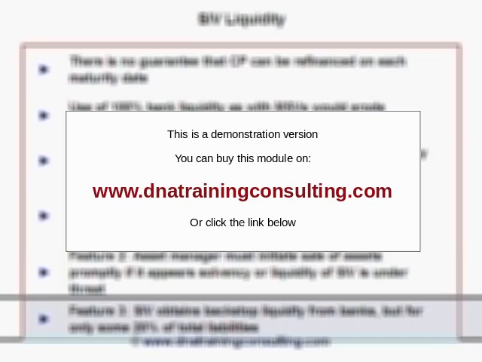Feature 3, finally, addresses the immediate liquidity needs of the SIV in case of a disruption in its ability to refinance its commercial paper, but before it has started the process of raising cash by liquidating its assets.